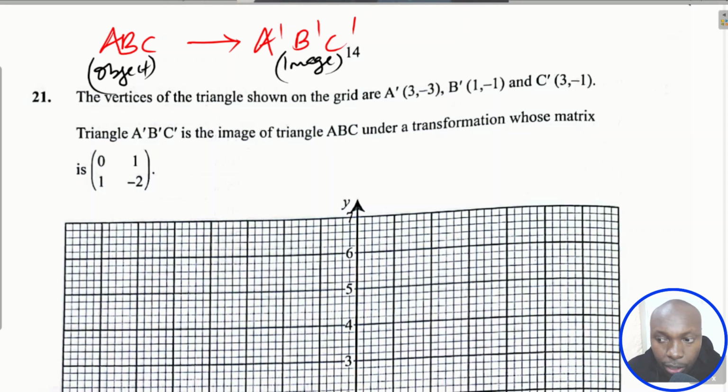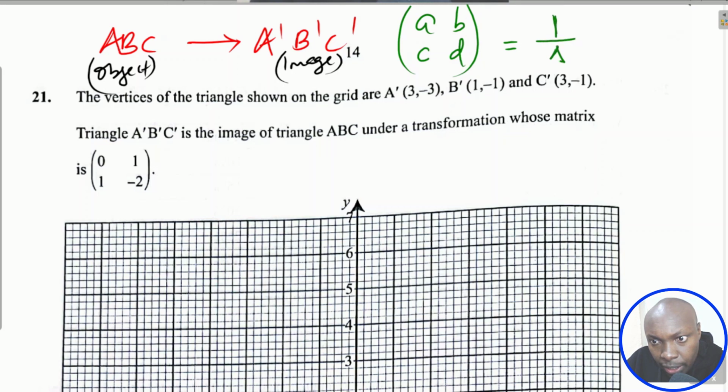Just a quick recap on how we get the inverse of any 2 by 2 matrix. Let's say you're given matrix (a b; c d) and you're required to get its inverse. You get 1 divided by the determinant, and then we interchange these values: (d -b; -c a).